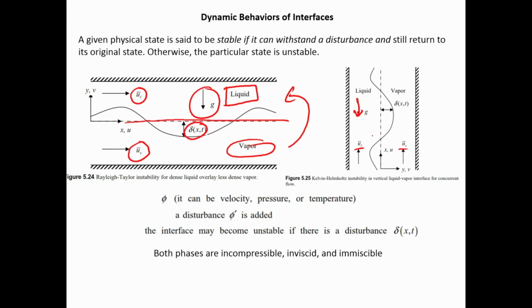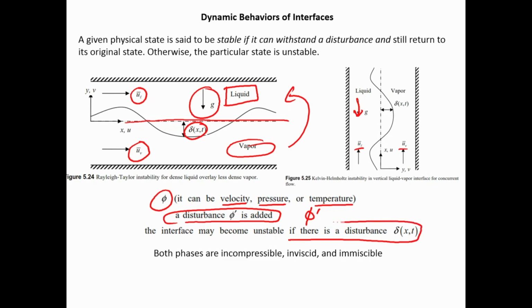Here the parameter that we are interested in can be anything; this is phi, it can be velocity, pressure, temperature, or species, whatever. A disturbance of this magnitude, given by phi prime, is added. That means when there is a velocity u, we are adding a perturbation u prime. And the interface gets disturbed by this magnitude, given by delta.